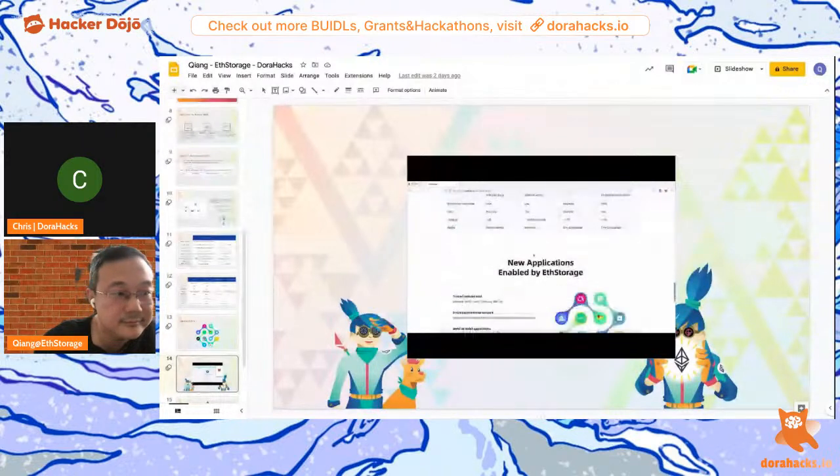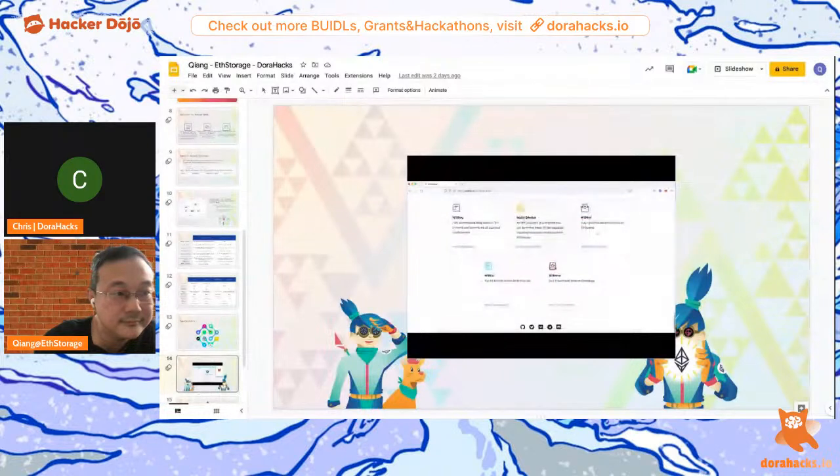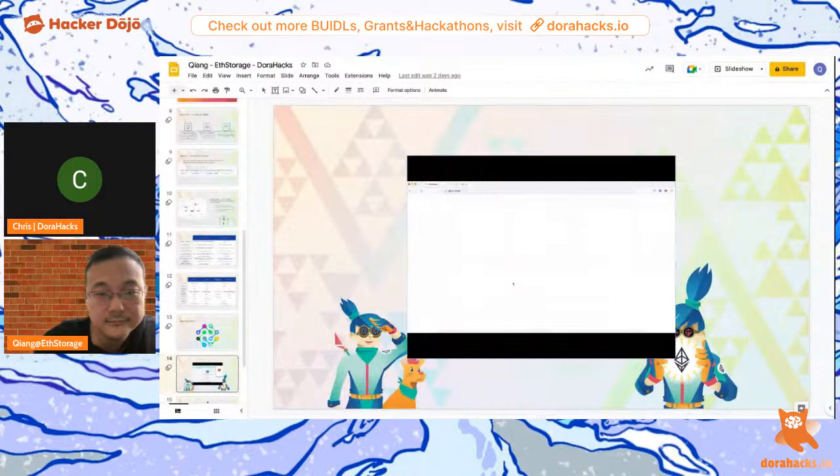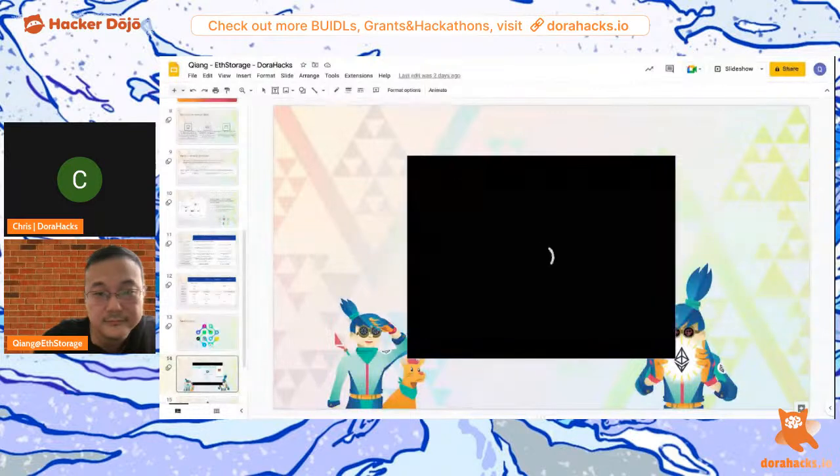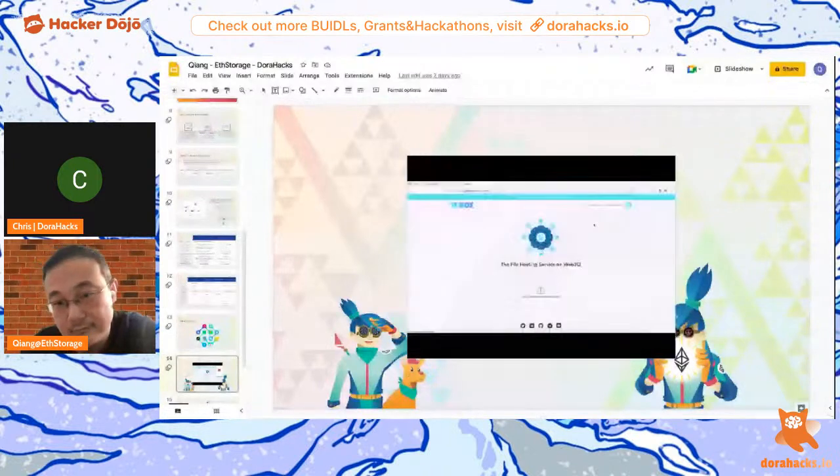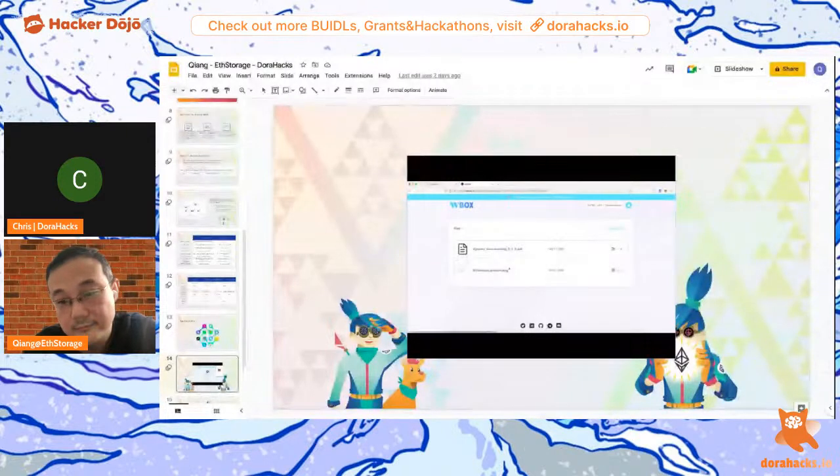So there are also a couple of interesting examples. For example, decentralized Dropbox. This is also a homepage returned by another smart contract, and I can see the list of all the previous files that have been uploaded before.